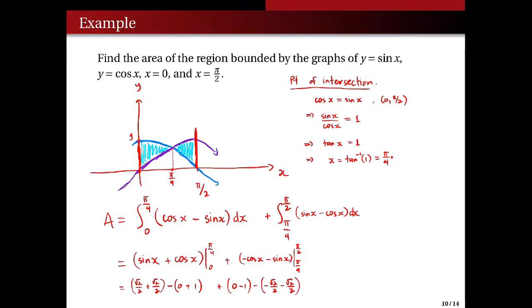In fact, that's times 4, because here minus minus and we have minus in here, so they become plus. So we have 2 square root of 2. And then here you have minus 1, and there's a minus 1 also here, so you have minus 2. So this is the area of the region.